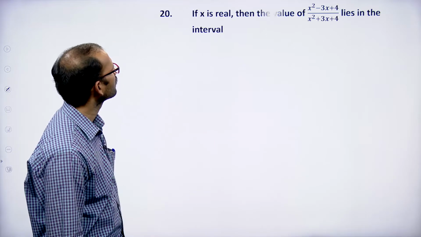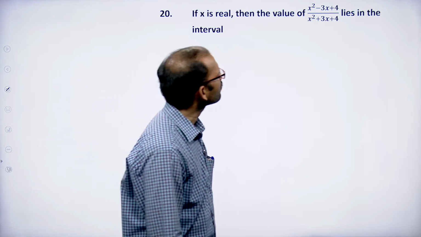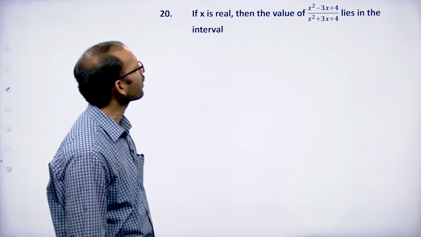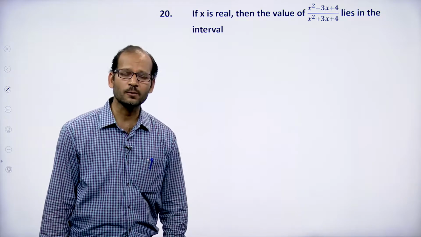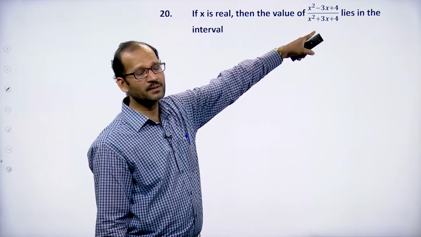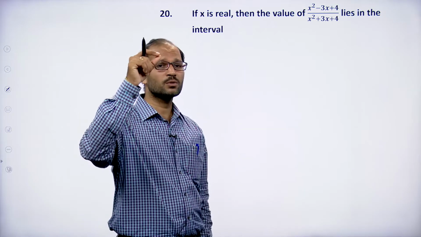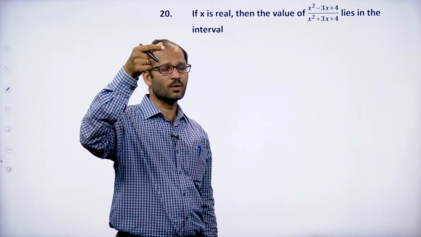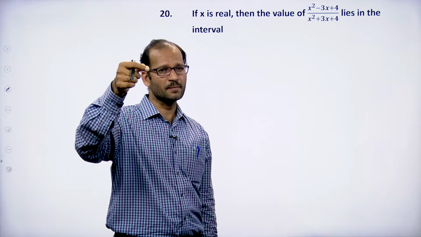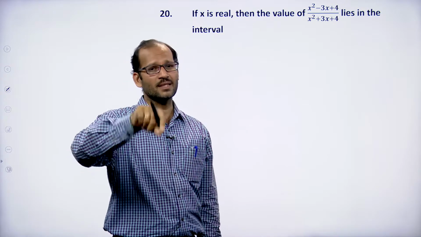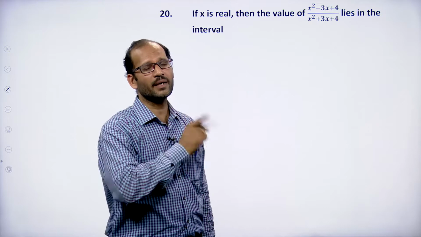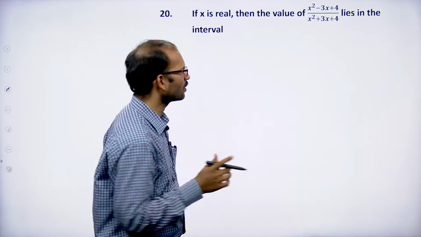Yes. If x is real, then the value of x square minus 3x plus 4 by x square plus 3x plus 4 lies in the interval. As I told you, whenever you have this rational expression, make sure to check whether the quadratic expression x square plus bx plus c has discriminant less than 0 or not. If it is less than 0, we can apply the f of plus or minus root c by a.